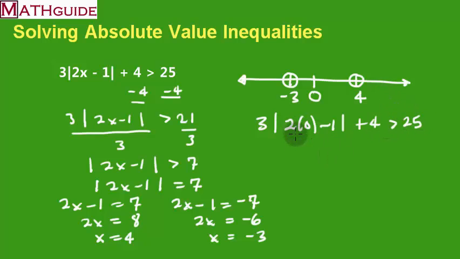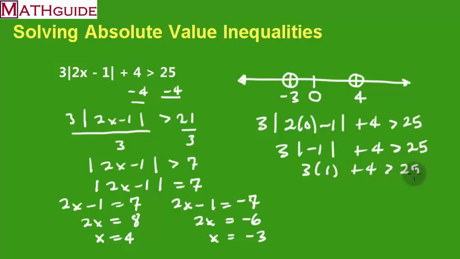So 2 times 0 is 0. 0 minus 1 is -1. So I got -1 inside the absolute value. The absolute value of -1 is 1. So this is 3 times 1. So I get 3 plus 4, and I get 7.